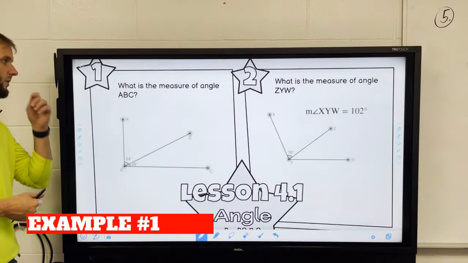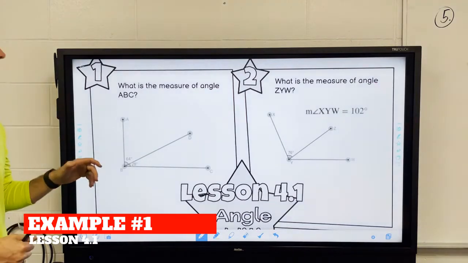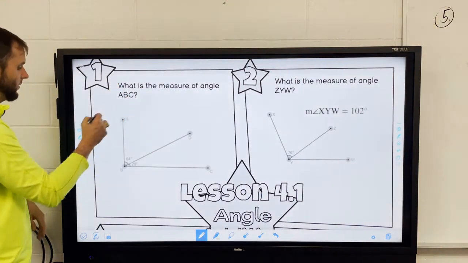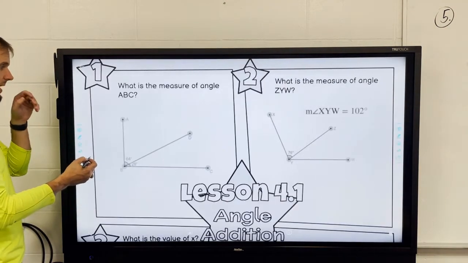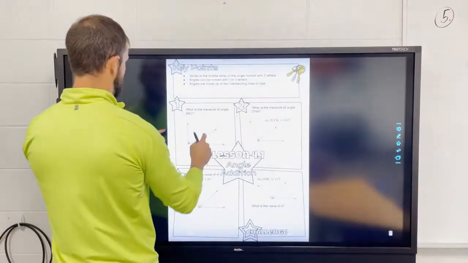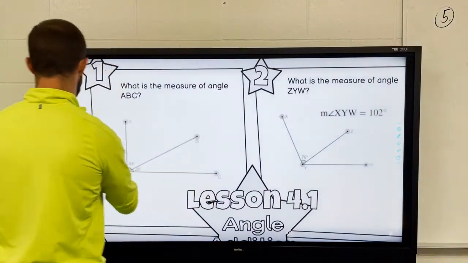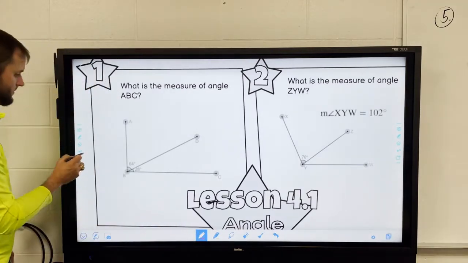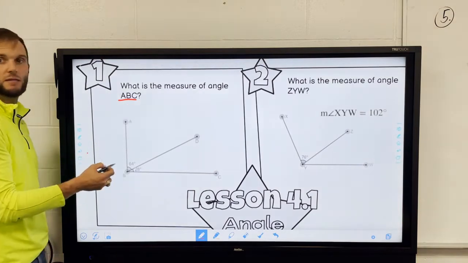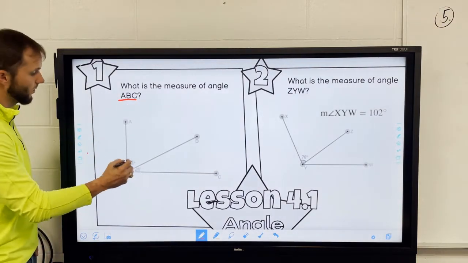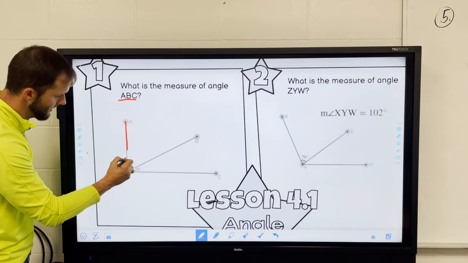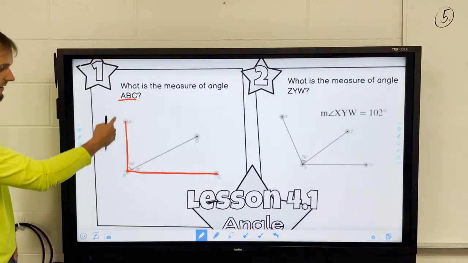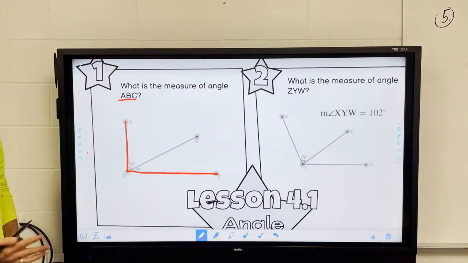Okay, so on example number 1, it's asking what is the measure of angle ABC. So we're going to look at angle ABC and how we determine that. Okay, so we're looking at angle ABC, so I'm going to follow it in order. This is A, this is B, and this is C. If you can see, the red angle is what I'm trying to find.